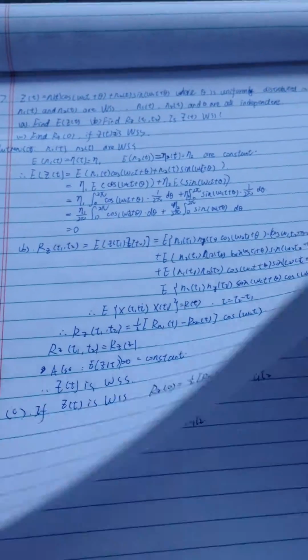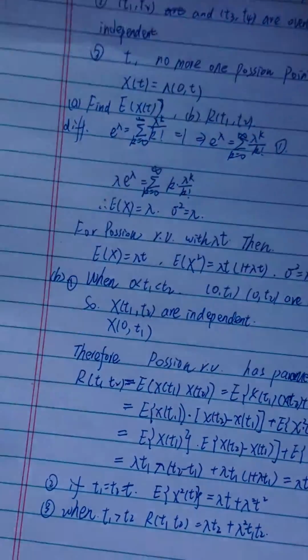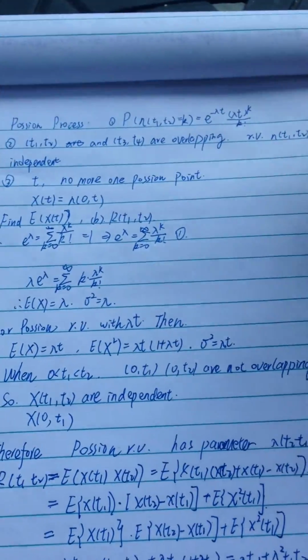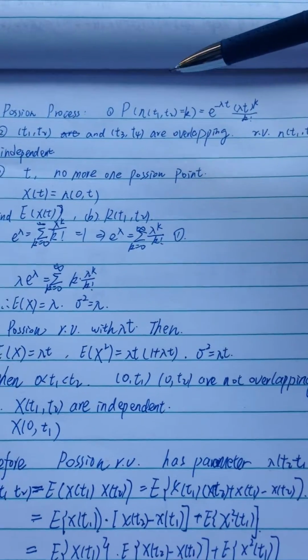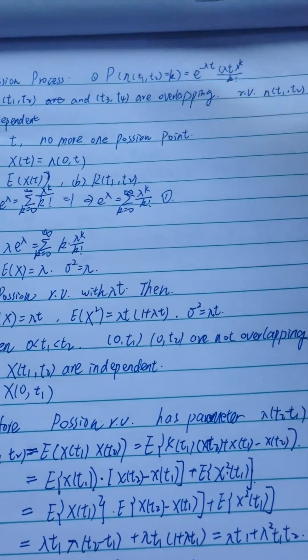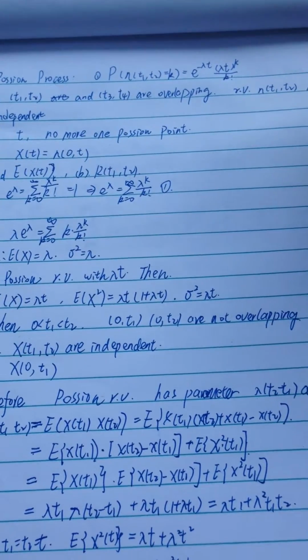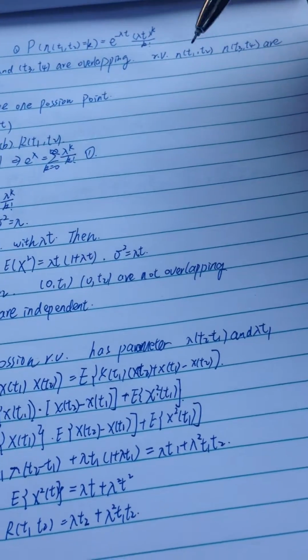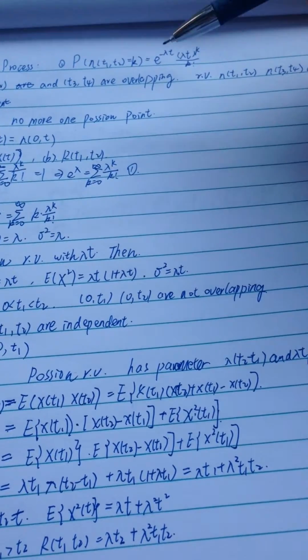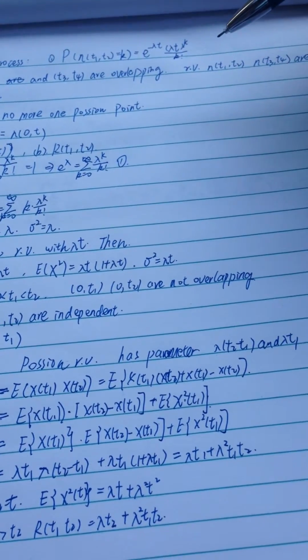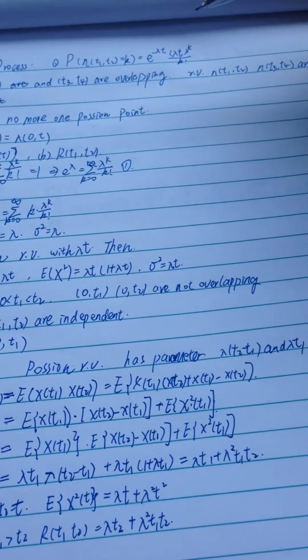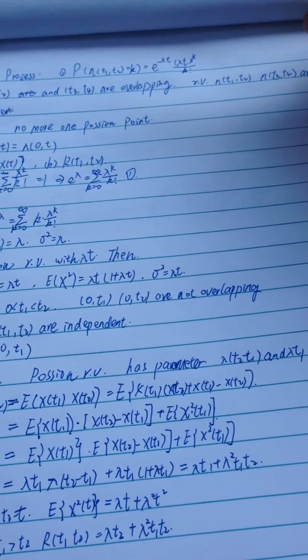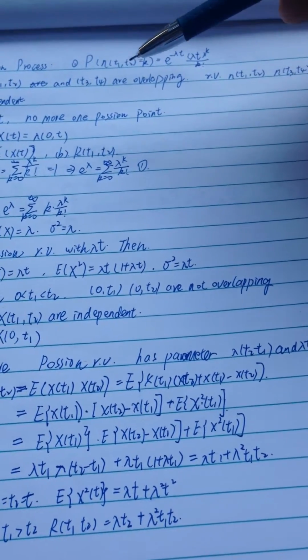So that's all. In the second problem, this is the Poisson process, and we know that the Poisson process is written like this. We also know that the expectation of the Poisson distribution is lambda, and the variance of the Poisson distribution is also lambda.